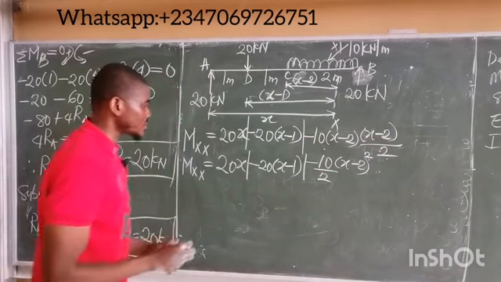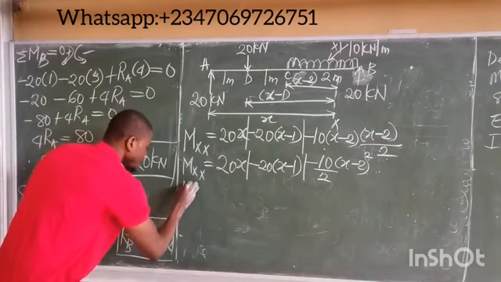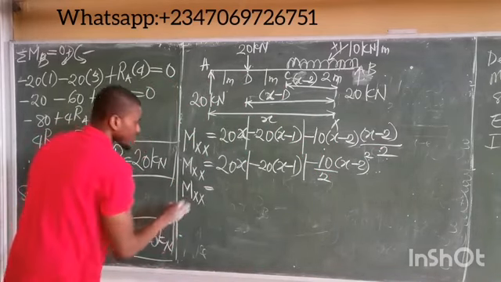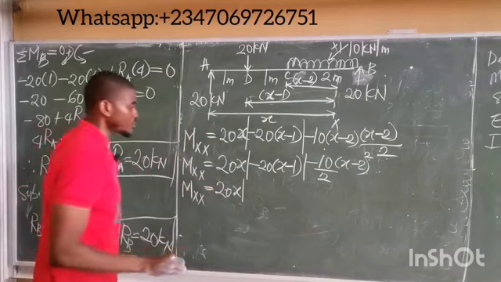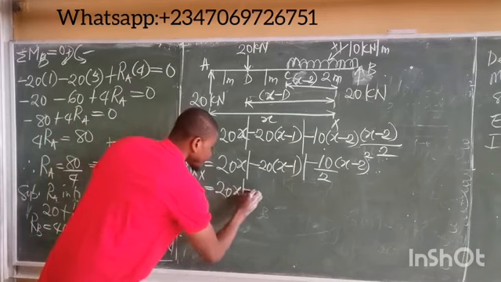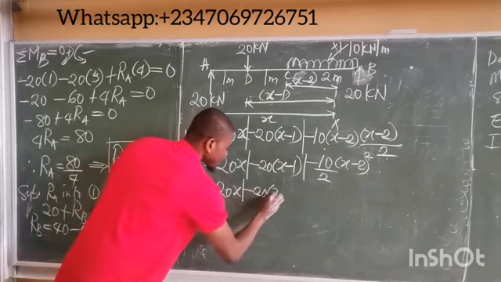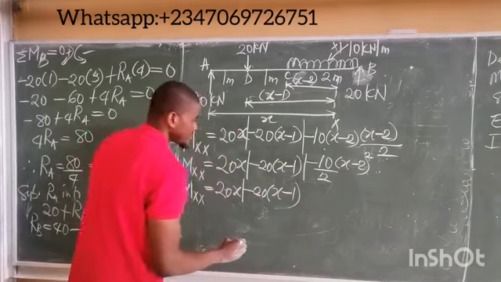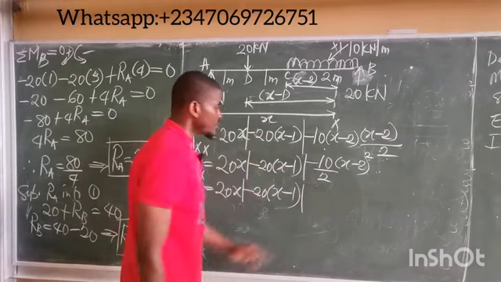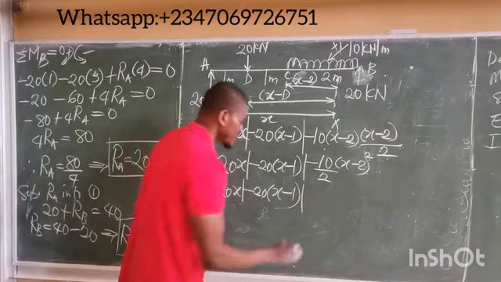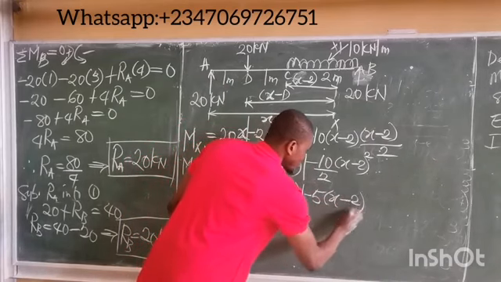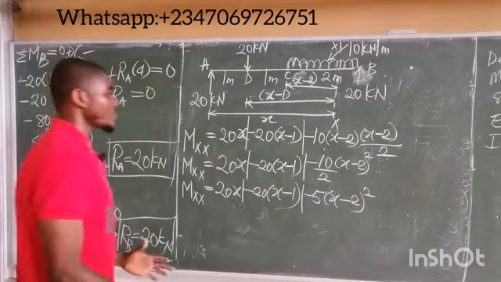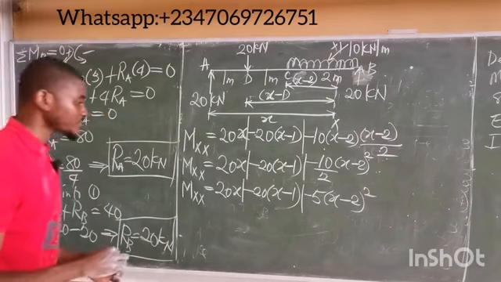So the moment about the section is now equal to 20x, put in your Macaulay's bracket, minus 20 into x minus 1, put in your Macaulay's bracket, minus 10 divided by 2 simply gives us minus 5 into x minus 2 all squared. So this becomes the moment equation.